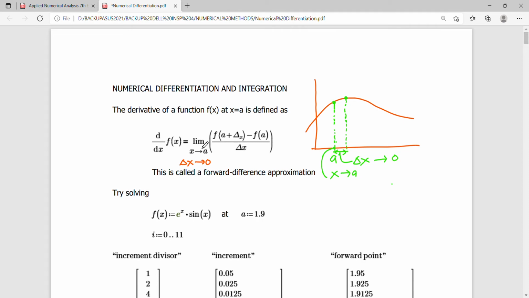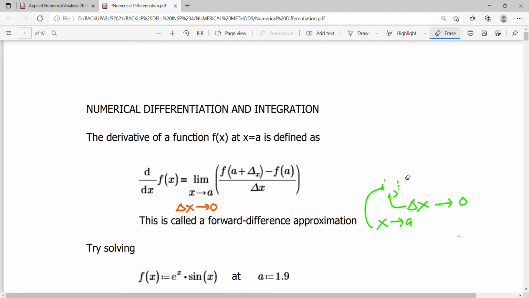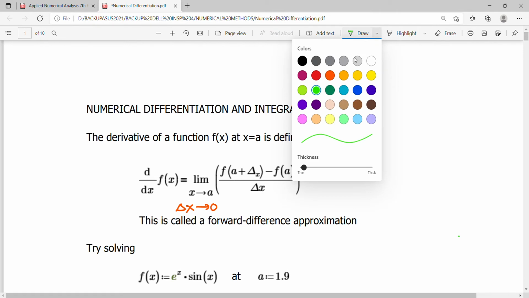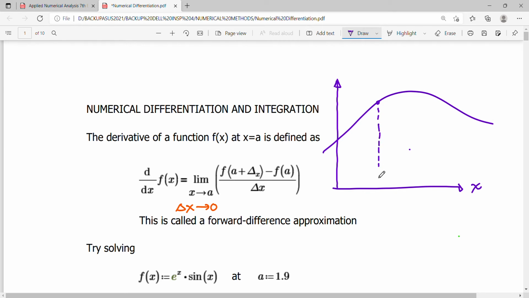Okay, so to proceed with my discussion here on differentiation, so if I have now a function, okay, upon which an interpolating value again, say a, is being evaluated.